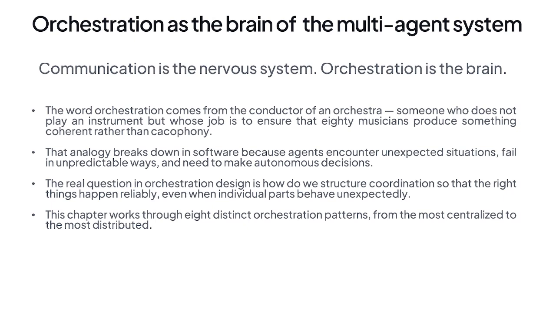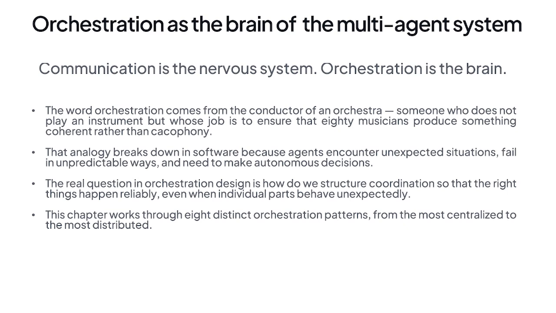That is how a multi-agent system also flows. The word orchestration comes from the conductor of an orchestra. If you have a music group, you notice that there is always a coordinator who will stand in the front and coordinate the flow of the music, the flow of the tone, the flow of every instrument being played in the setting.